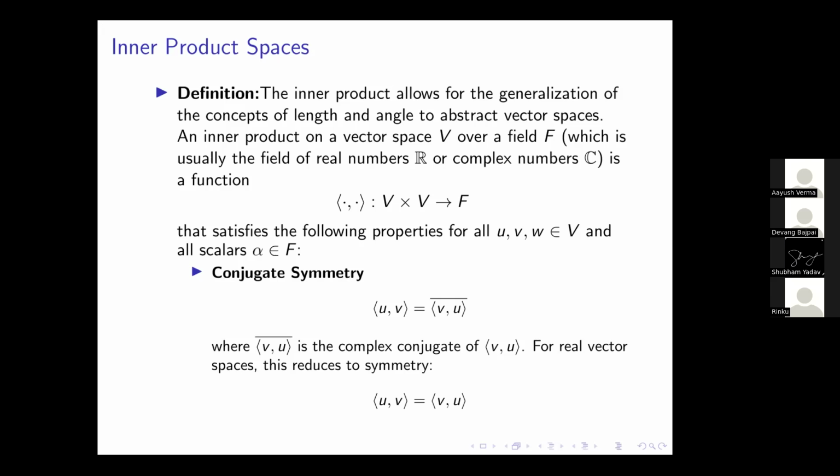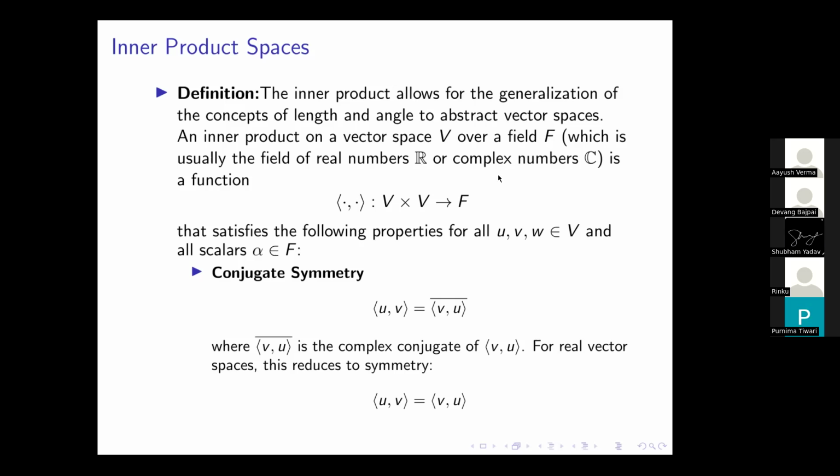So an inner product on a vector space V: consider a vector space V over a field F, which is usually the field of real numbers or complex numbers. So here the field F may be real numbers or complex numbers.